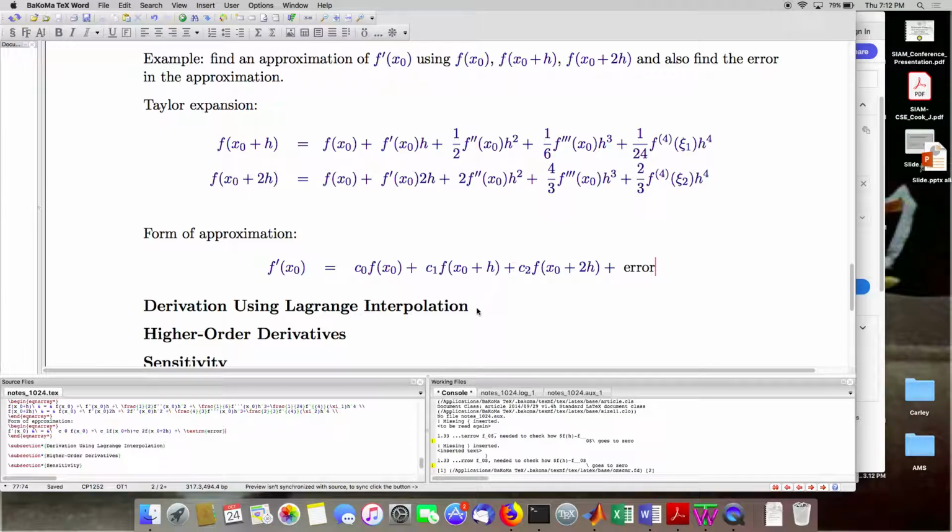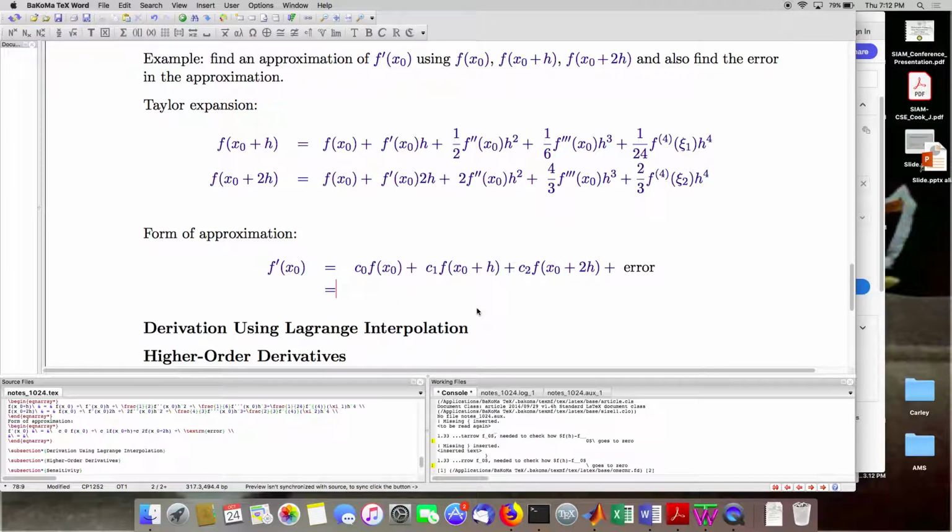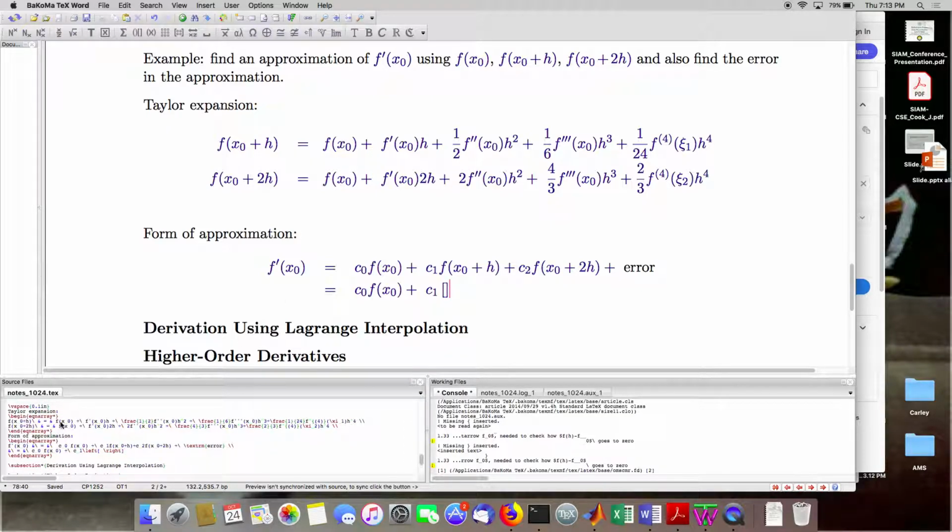Okay, so now things get to be a little bit of a mess. I'll still have C naught f of x naught and C1. So in here, in these square brackets, I need to dump the first Taylor expansion.